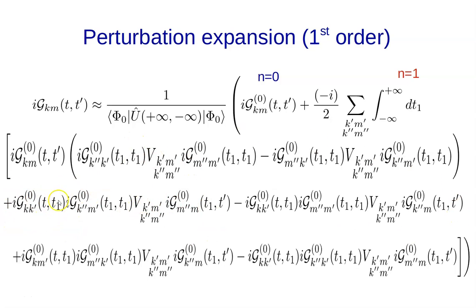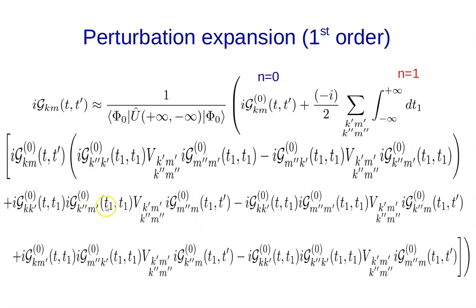I know how to calculate G naught, the non-interacting Green's functions, and I know these integrals V. So this integration in time would be just a matter of, once I have the terms there, I could simply evaluate these terms, okay? But here in this expression, there are more terms than I actually need to evaluate.